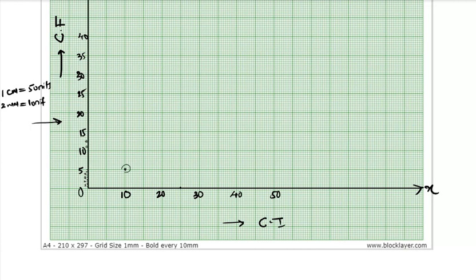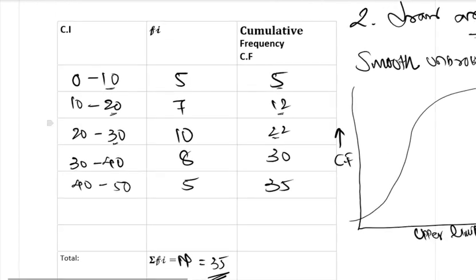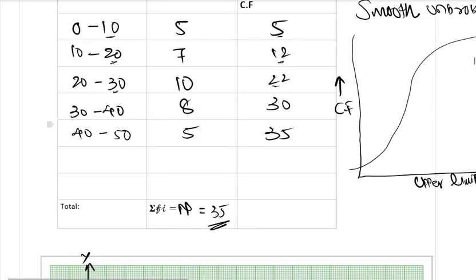This is going to be our first point. 20, 12: 20 on the x-axis and 12, which is absolutely over here, on the y-axis. The third is 30, 22, and then 40, 30.